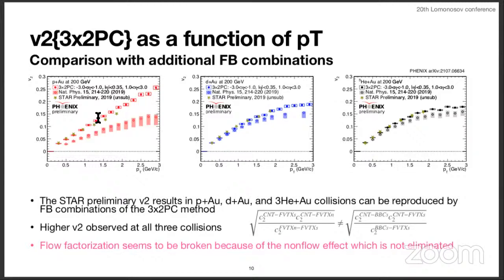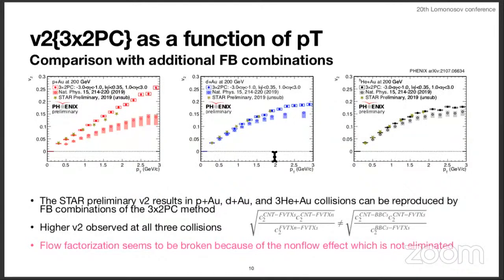Like the previous page, the left-hand figure is the v2 at p+Au 0 to 5% centrality, then d+Au and helium-3+Au. You can see a larger v2 compared to the PHENIX published results in all three head-on collision cases. Because the v2 from different kinematic selections gives a different size of v2 in all three collisions, we can claim that the flow factorization in small collision systems is broken here.